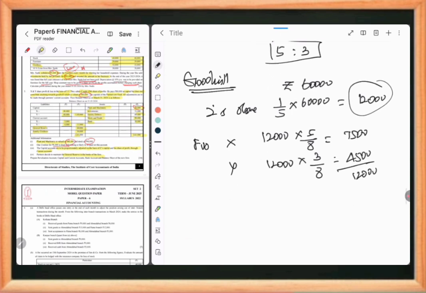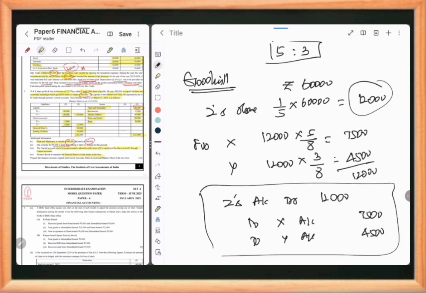So the entry will be: Z has to bring in, so Z's account is debited. How much does he have to bring? 12,000 rupees of goodwill. It will be shared between X's account, 7,500, and Y's account, 4,500. So this is one more entry we have to pass.